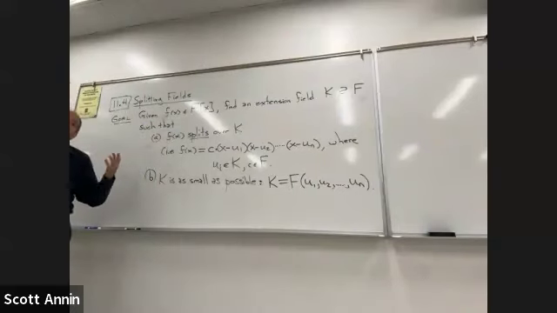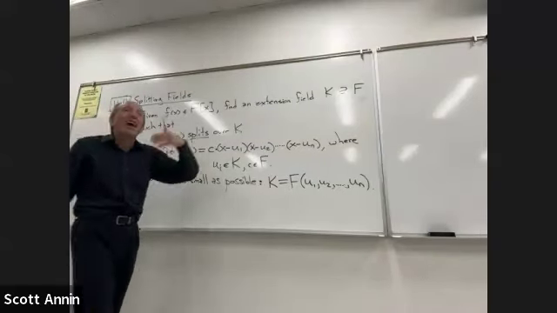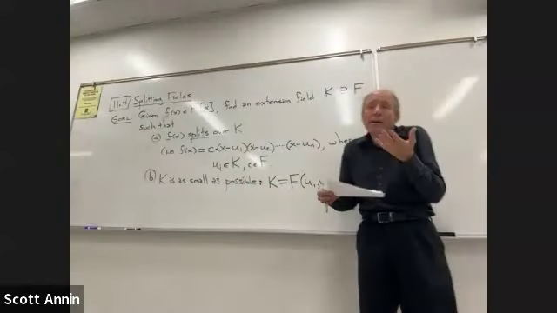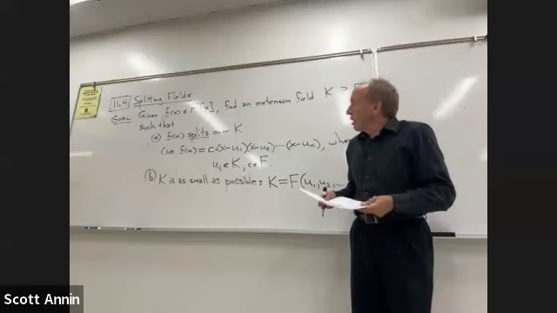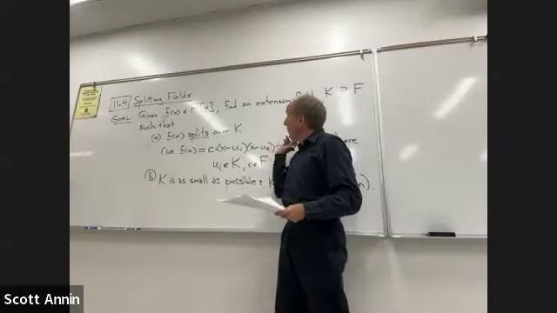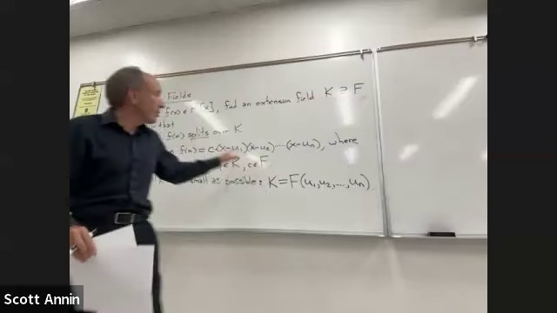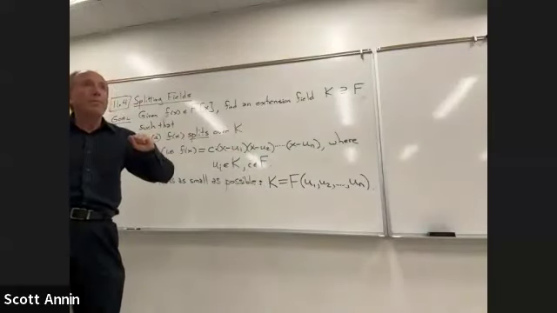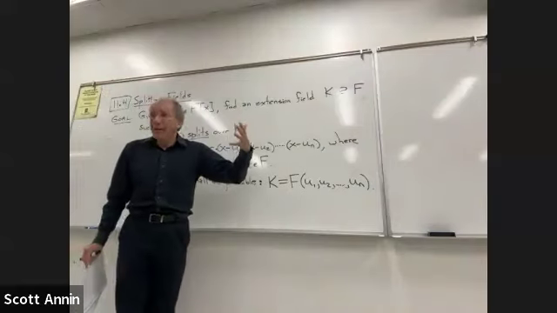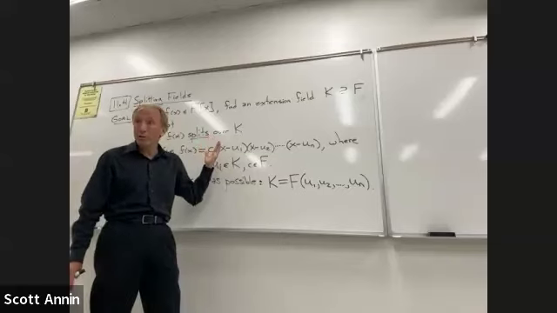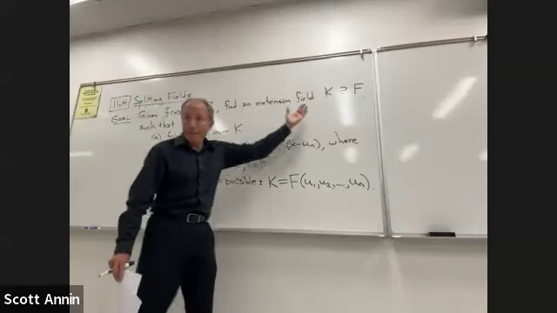Turns out that splitting fields are unique up to isomorphism. What this means is that if you had other potential ways to create K, where you've got f of x factored as a product of linear factors, any other way of creating this extension field would give you a field that's isomorphic to K.